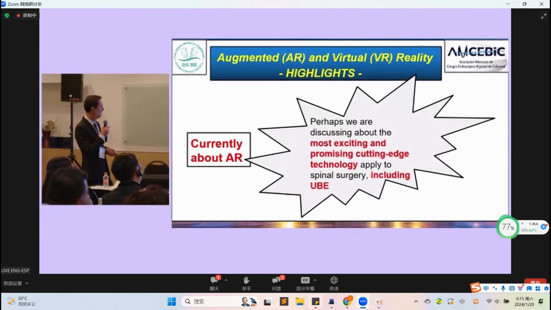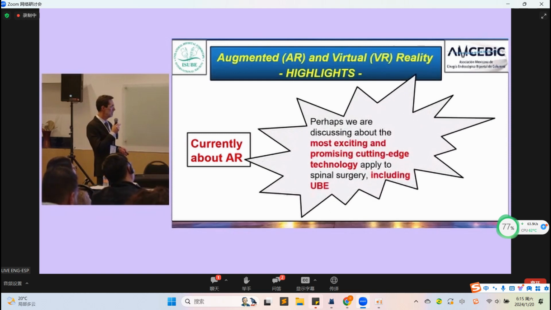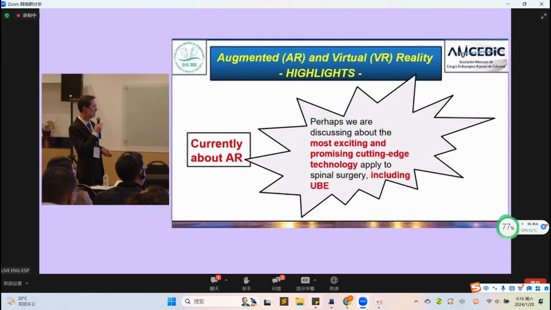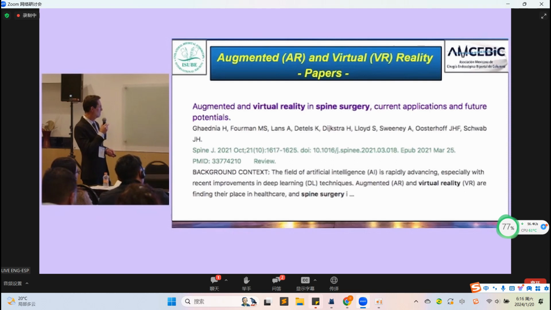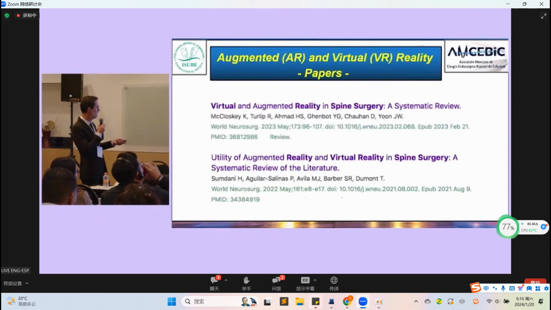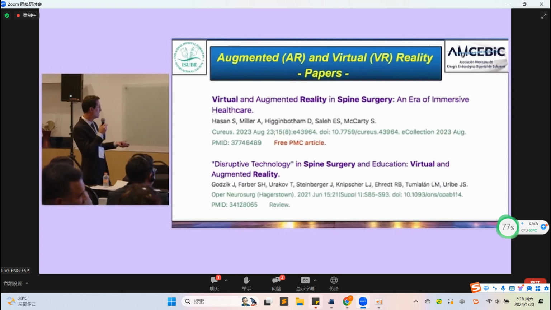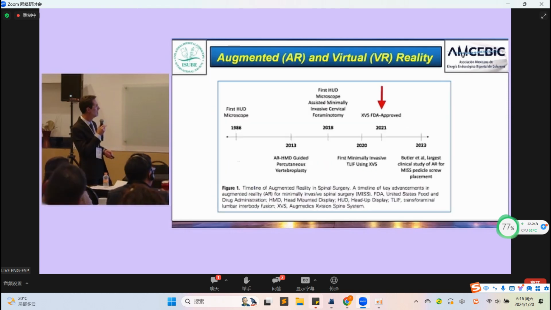Maybe AR is the most exciting and promising cutting-edge technology applied to spinal surgery, including ISUBE. The number of papers is increasing. There are interesting papers like disruptive technology in spine surgery.